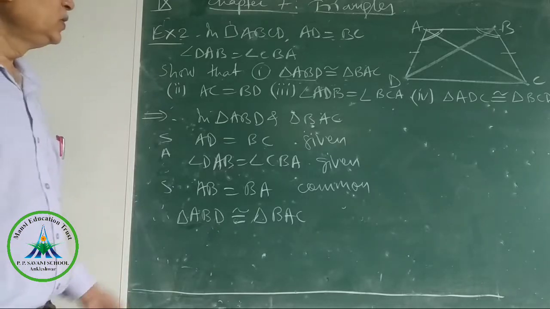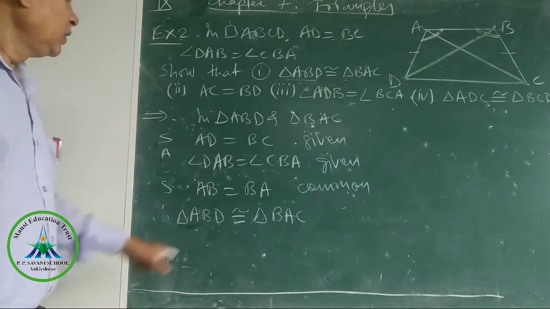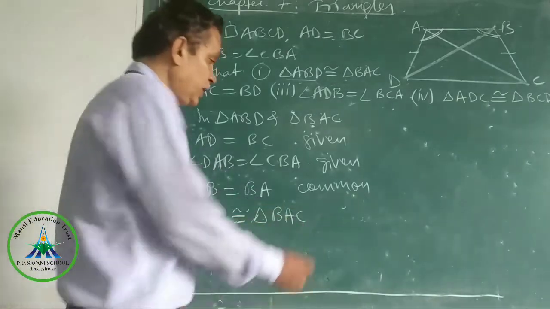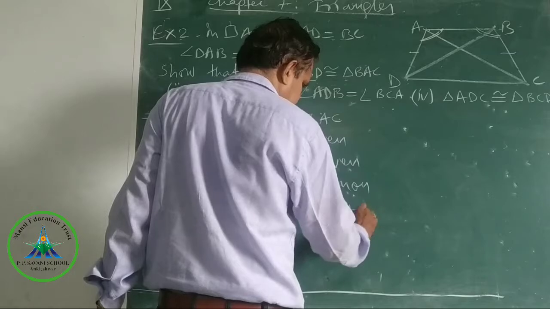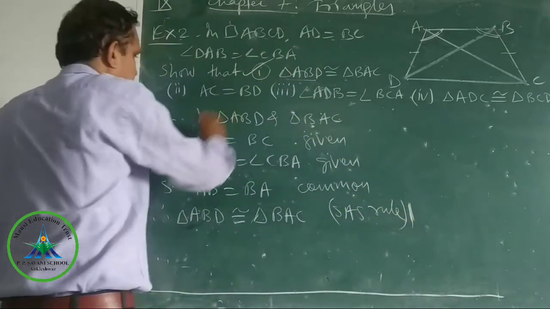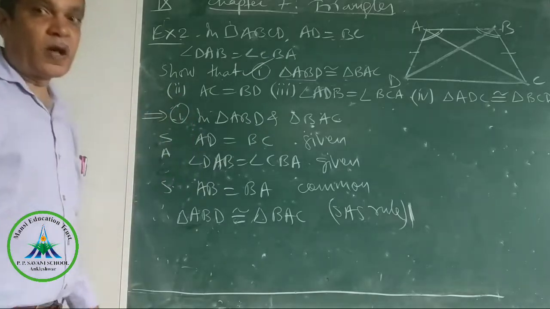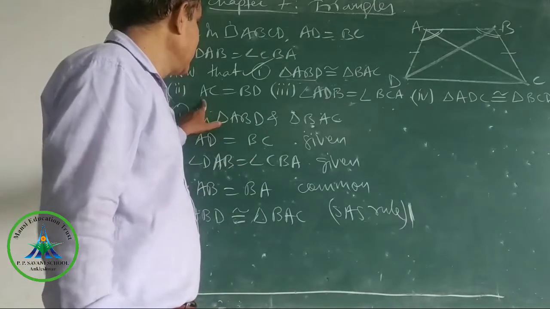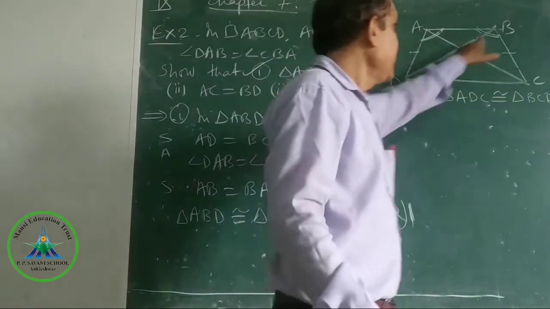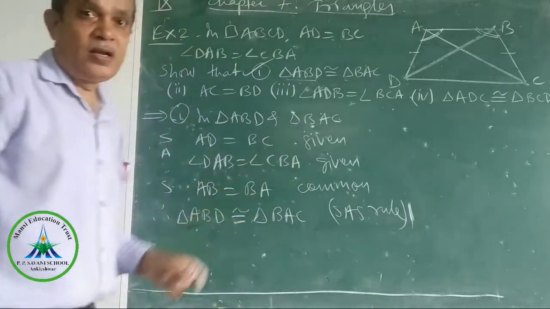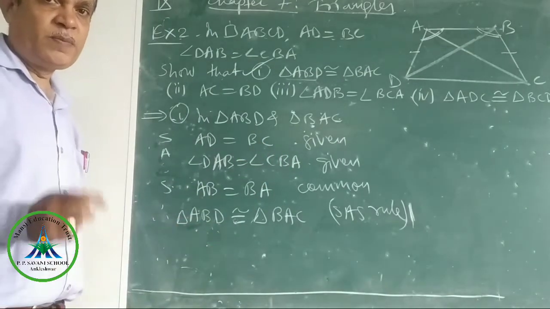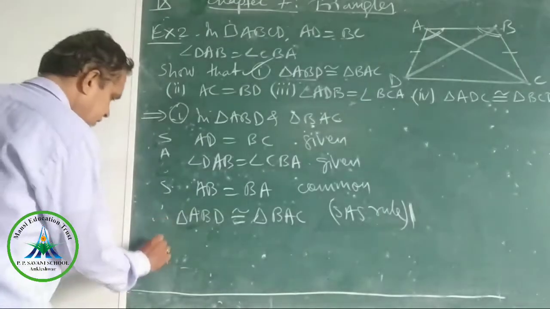Okay, got it? Now look here. The triangles are congruent. You have to give support: which rule is used? SAS rule. And then the first part is true. Now what is second? AC equal to BD. See, AC and BD are parts of both these triangles, so again, corresponding parts of congruent triangles.